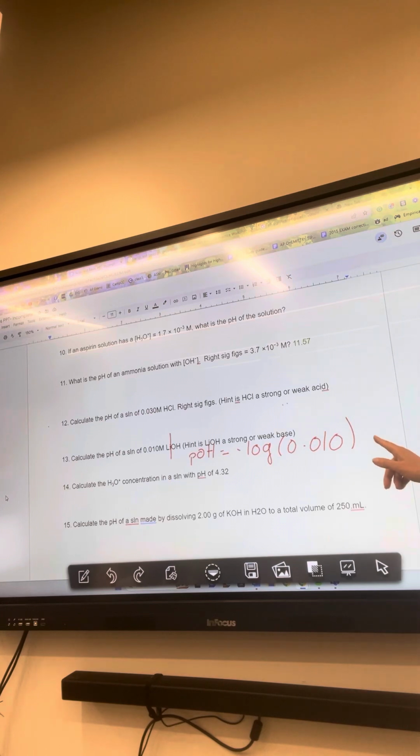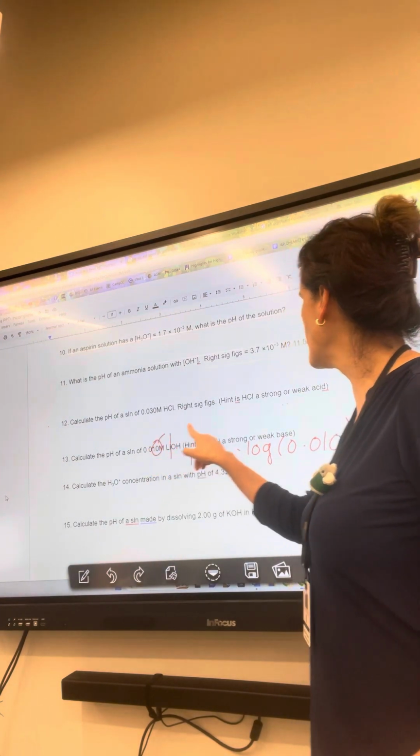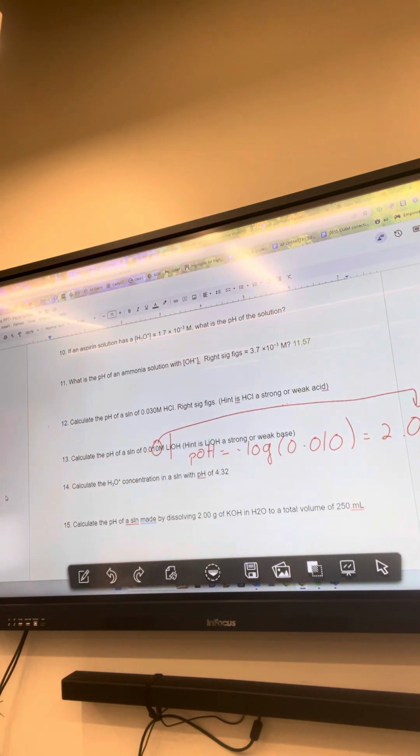So the pOH is 2.00, and the pH will be 12.00. The number of significant figures here is the number of decimals that you should have in your pH.